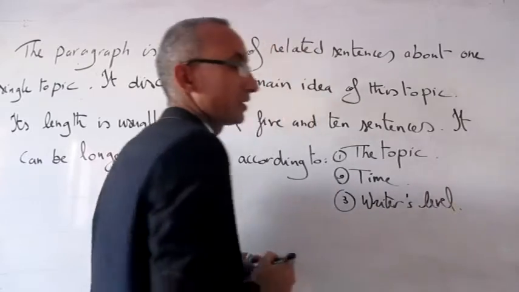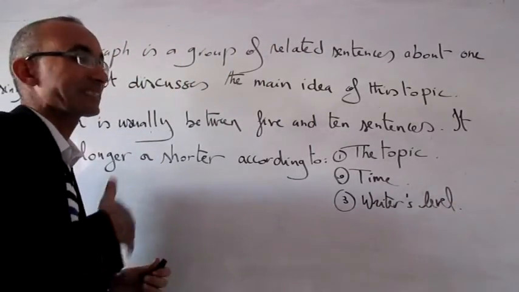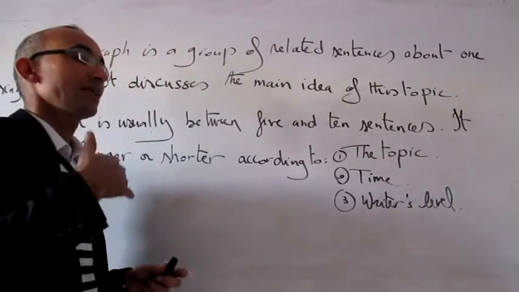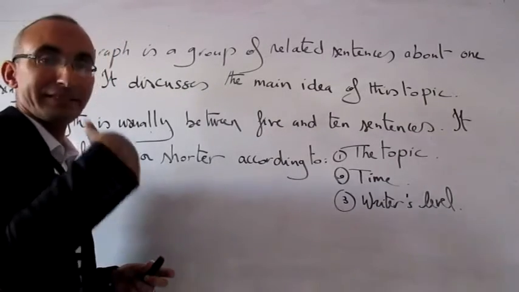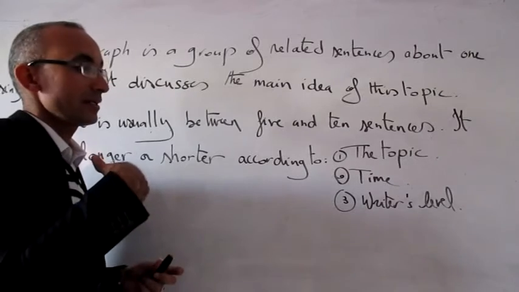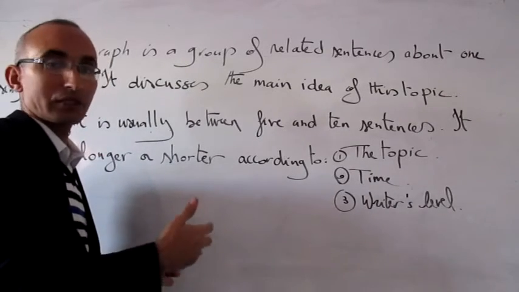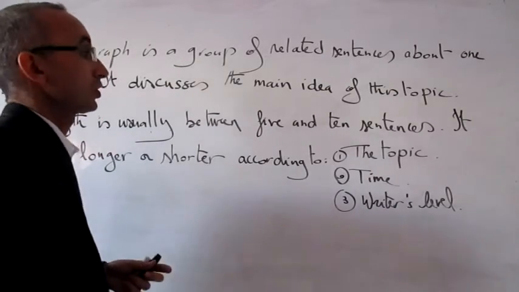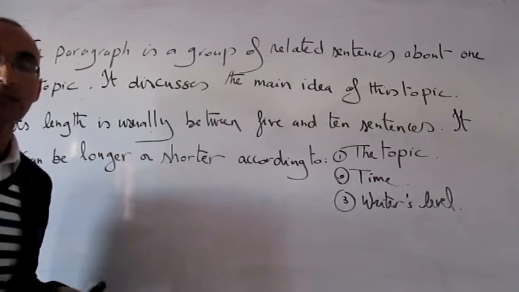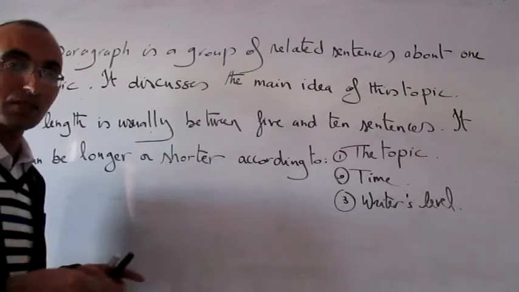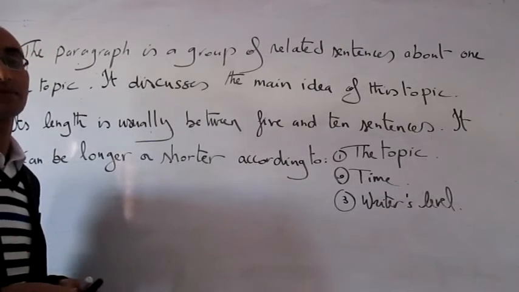He mustn't go beyond his capacity and keep writing till he commits unnecessary mistakes and errors in his paragraph. Good. Now this is concerning paragraph definition, and of course we are talking here about the academic paragraph.